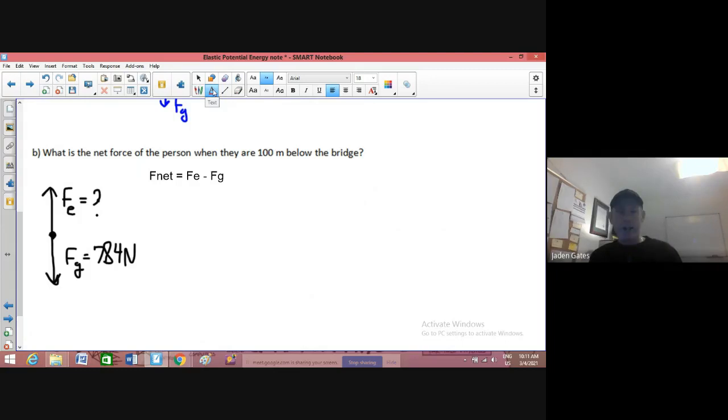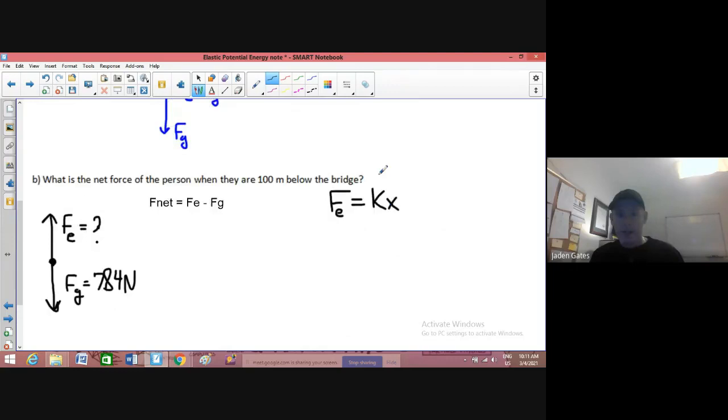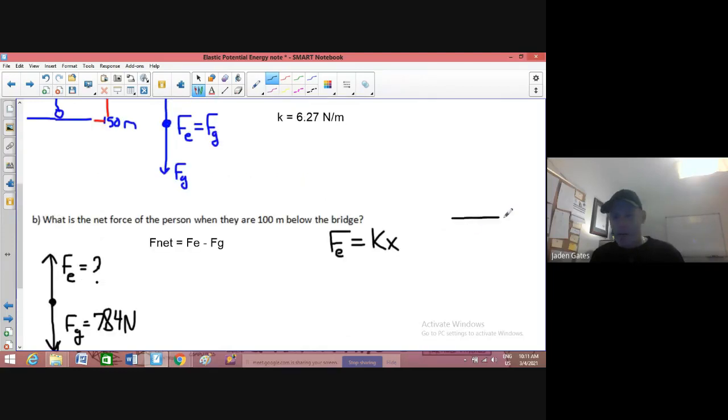Well, I can find Fe because I have all the values, because again, Fe, our elastic force, is equal to k times x. I know k is 6.27. Now on this bridge, it is hanging down 25 meters, but then we're looking at this thing extending all the way 100 meters below the bridge, 100 total.